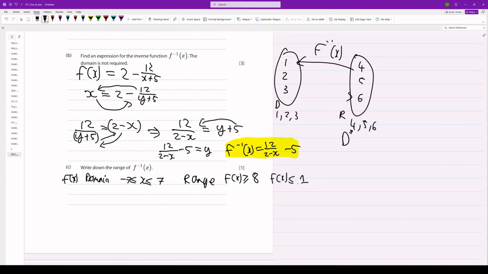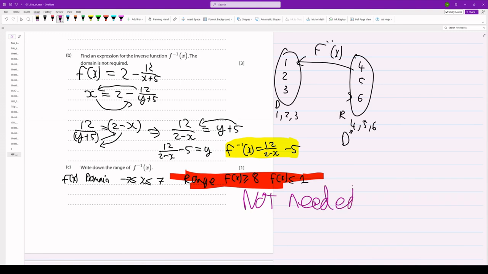It is not needed. I don't know how many times I can say that. Let's just put it in really big bold. Not needed. I bet someone will ask me why that's needed. Anyway, therefore the range of f minus 1 of x is that. It's the domain of the before one.